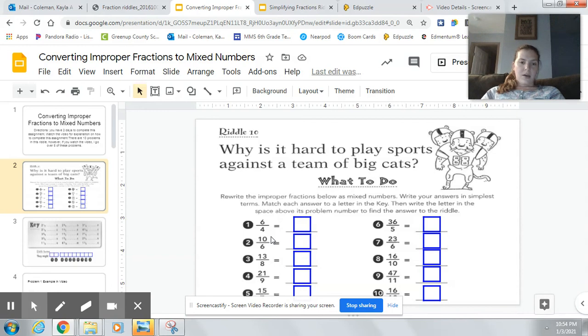So for question 1, you have the improper fraction 6 over 4, 6/4. That is larger than one whole because 4 out of 4 would be one whole. Then you're going to have some left over. Well, we need to know how much is left over. What is that mixed number going to be?